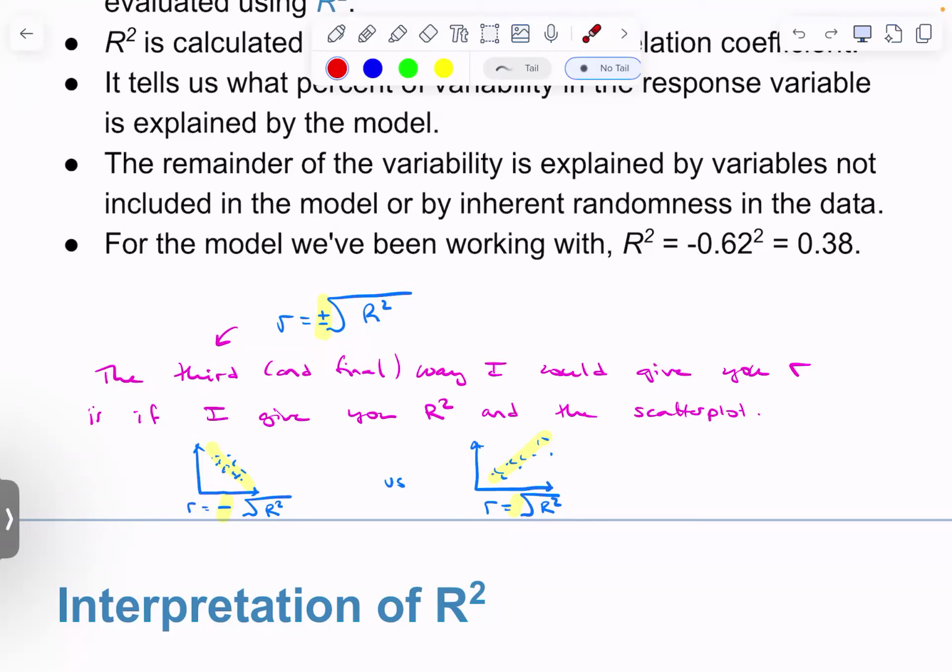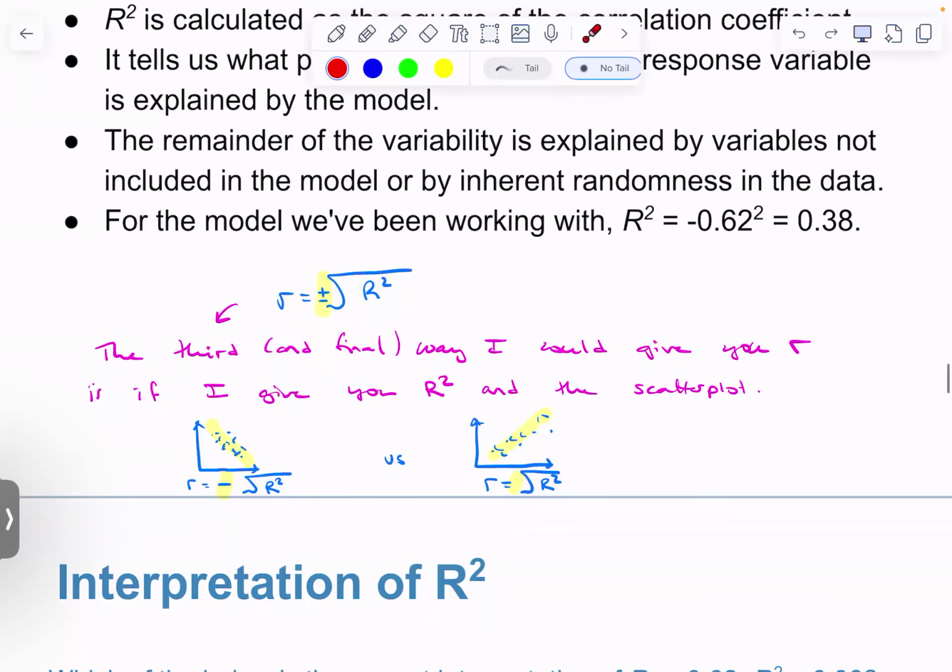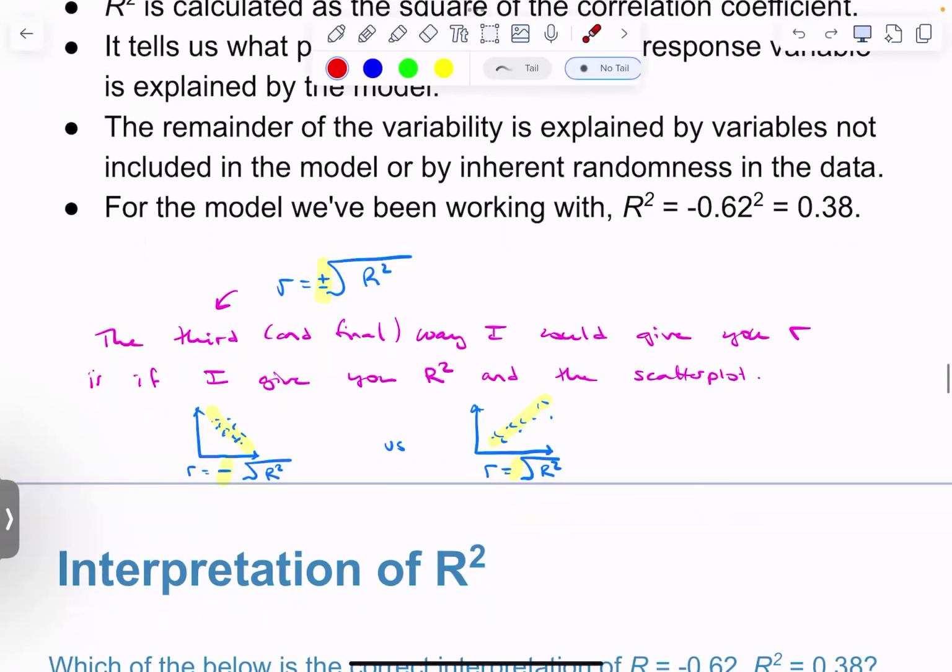We don't expect things to fall on a perfect line. So for our model, we had a correlation of negative 0.62, so we can find the R squared by squaring it. Now, squares of small values behave in a weird way, so use your calculator, right? Because the R squared is 0.38, which is not very good.